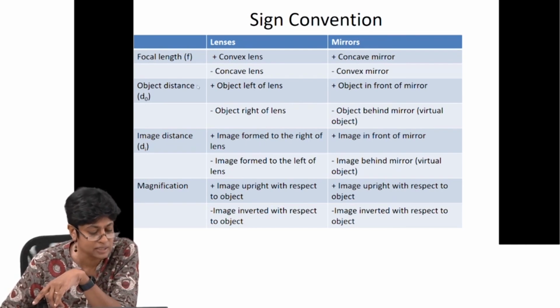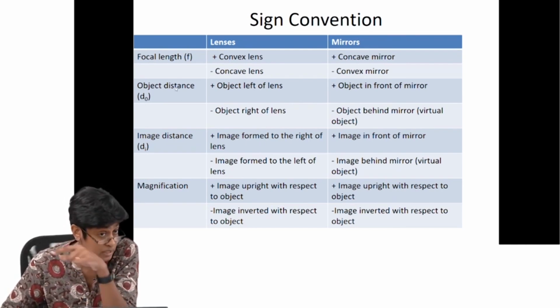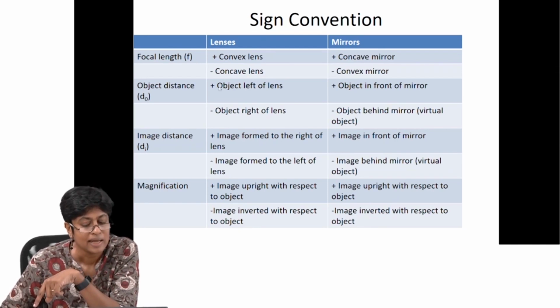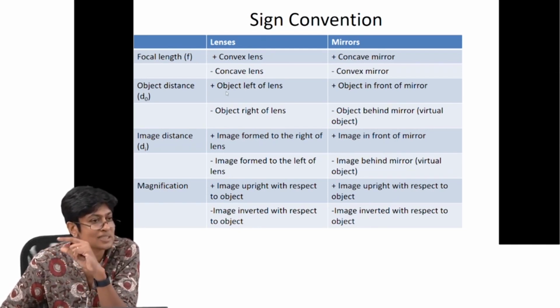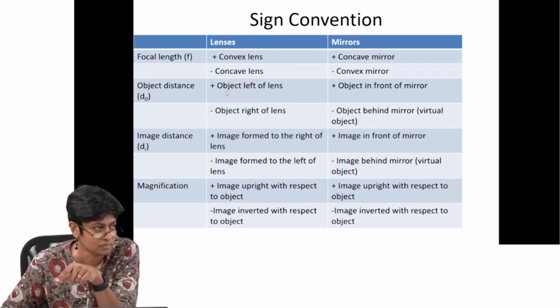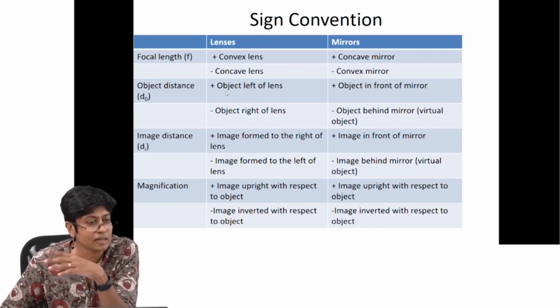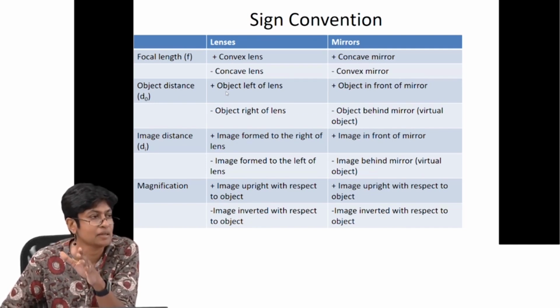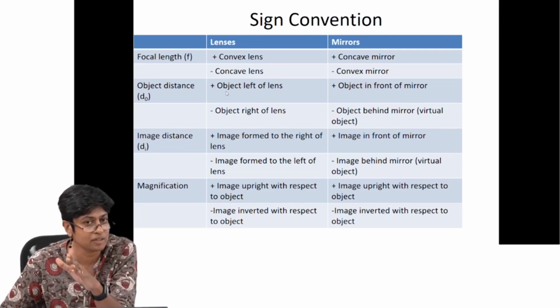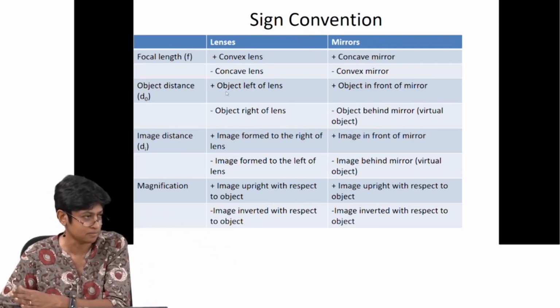The object distance, and this is what you need to note because we need to use this information now: if the object is towards the left of the lens, we say that the distance is positive. Historically, optics has always been designed by tracing light traveling from left to right.